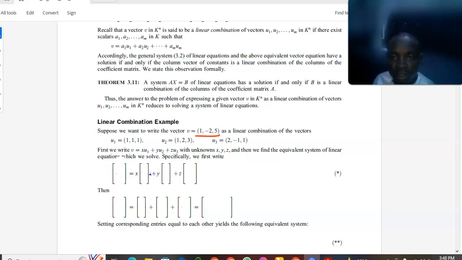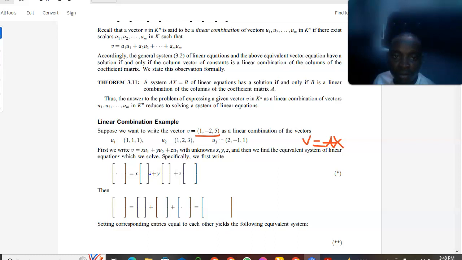Do not forget that this vector v will be written as a linear combination, that is, the sum of the multiplication of several scalars, choosing variables x and several vectors.